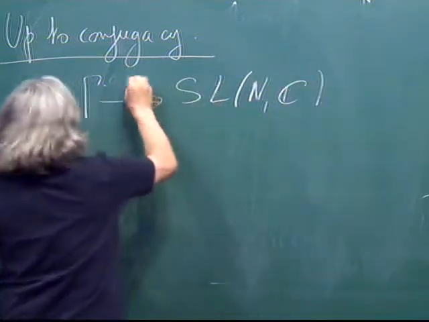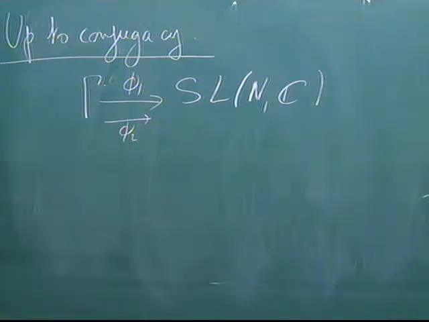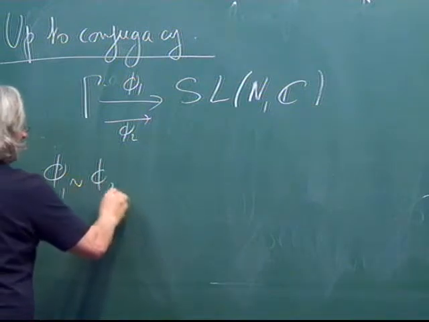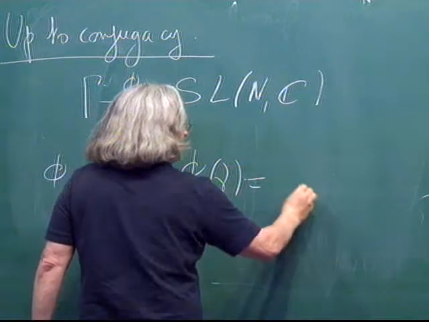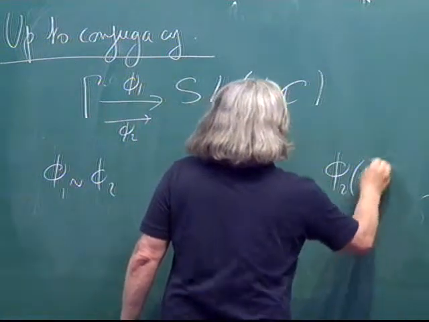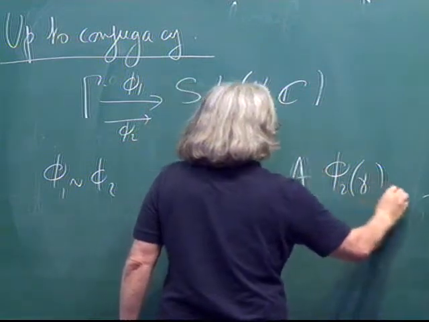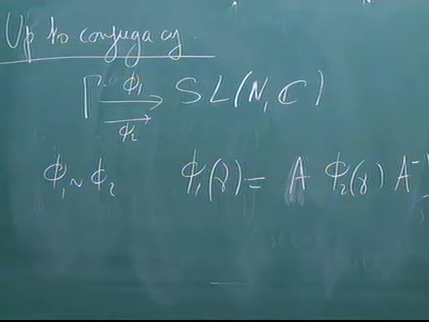You have two representations, phi 1, phi 2. And you would like to say that they're equivalent if they are conjugate. And the question is to understand homomorphisms up to conjugacy.